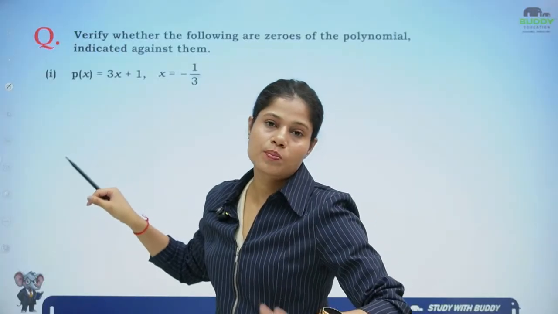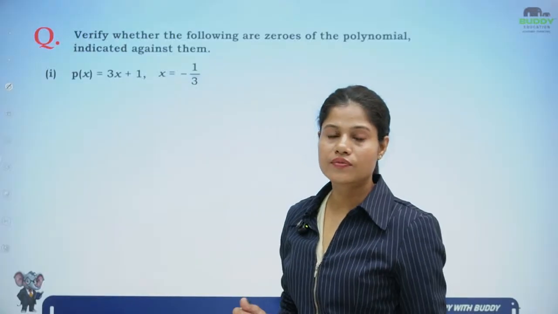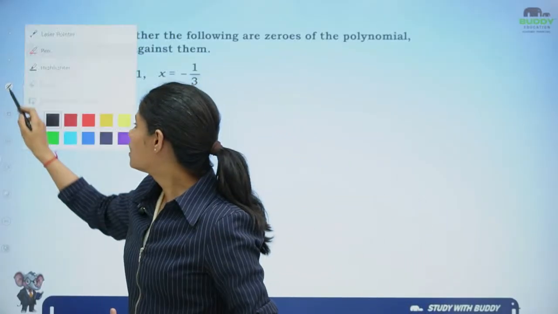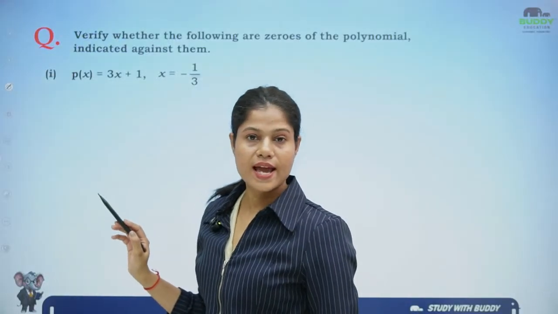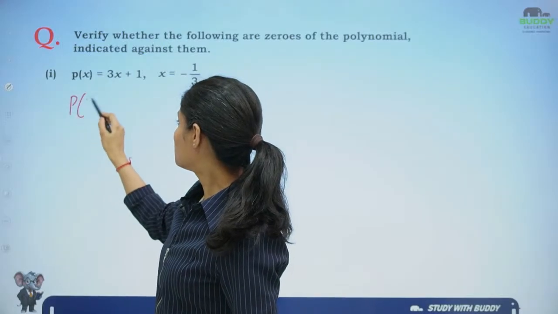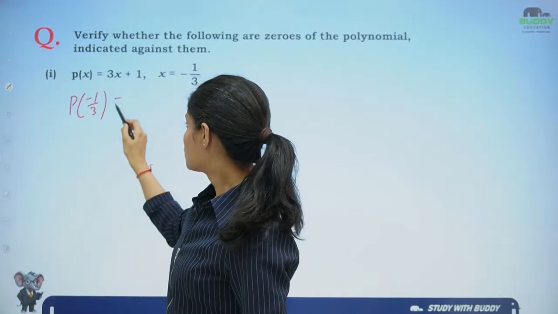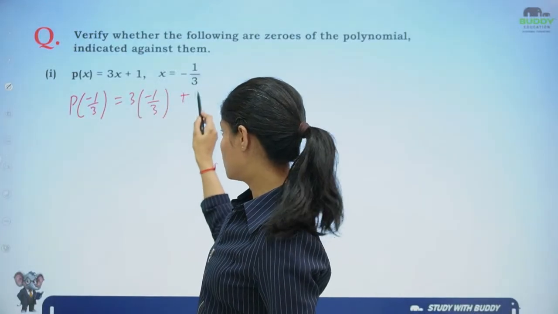If the net output is 0, we'll say yes, it is a 0. If not, we'll write that it is not a 0, right? Let's put. In place of x, what do you have to put? x equal to minus 1 by 3. Let's put minus 1 by 3. So in place of x, I'm just putting minus 1 by 3 and plus 1.